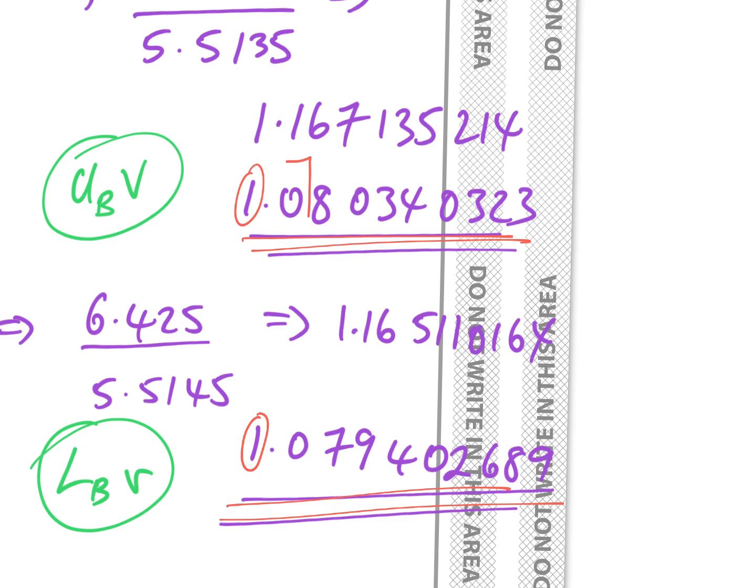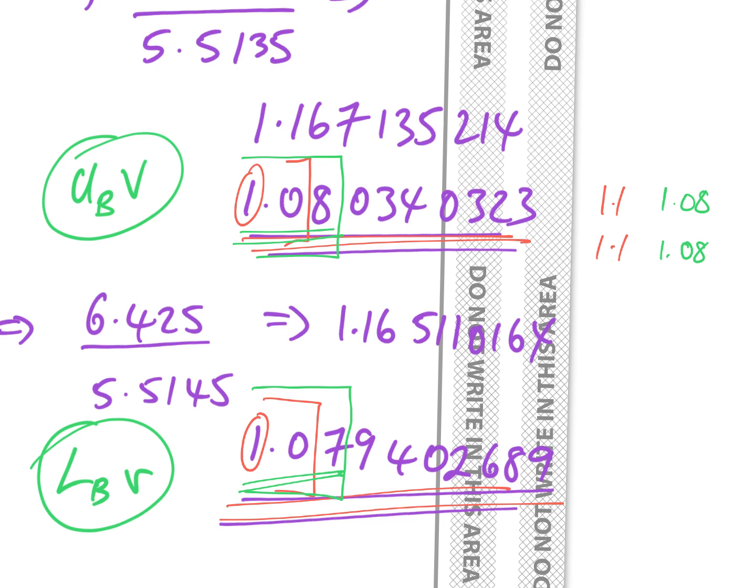But we can probably push it a bit further. We could round this one to 1.1, and then this one also to 1.1. But we can push it a bit further. We could actually say, let's make this 1.08, and let's make this 1.08. Okay, because that's to 3 significant figures, and this is 3 significant figures.